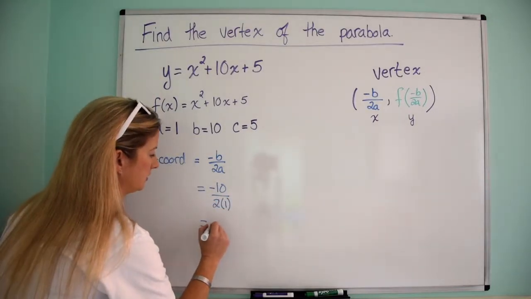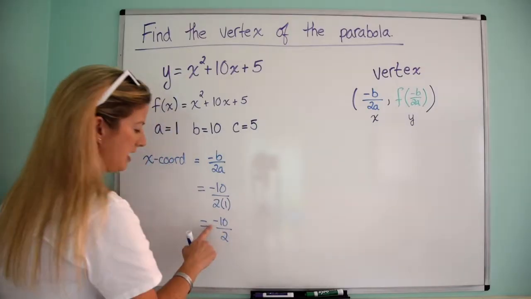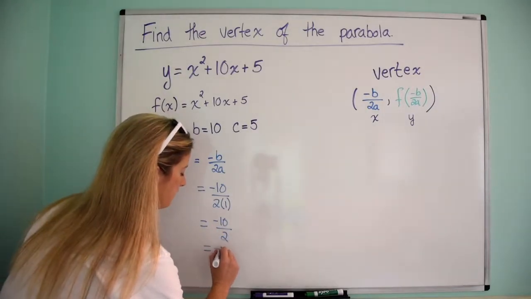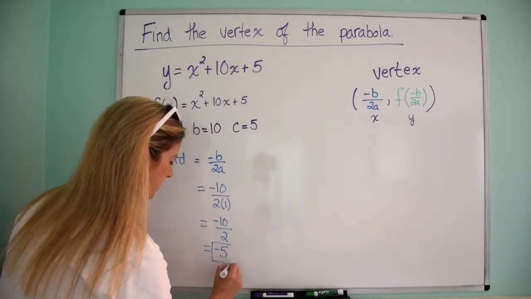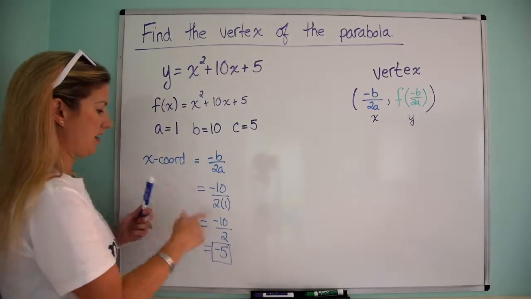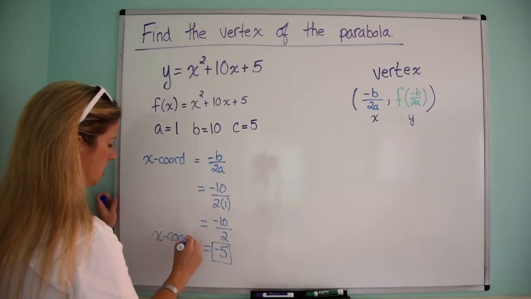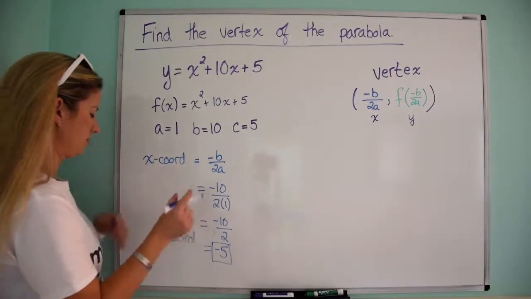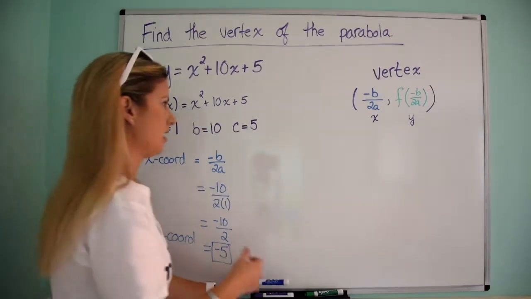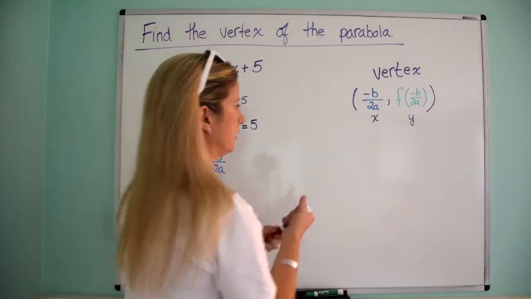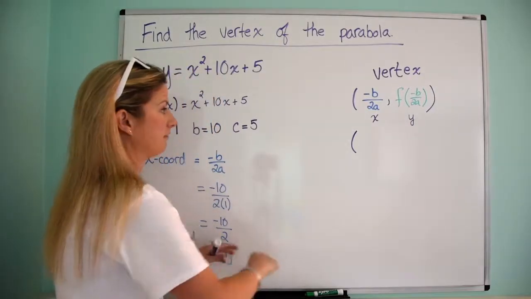So that's just going to be negative 10 over 2, and negative 10 divided by 2 is negative 5. Perfect. So the x coordinate is negative 5.